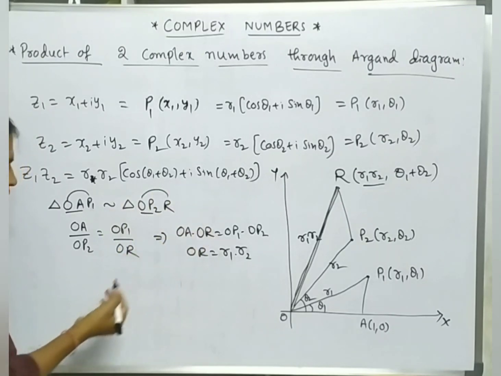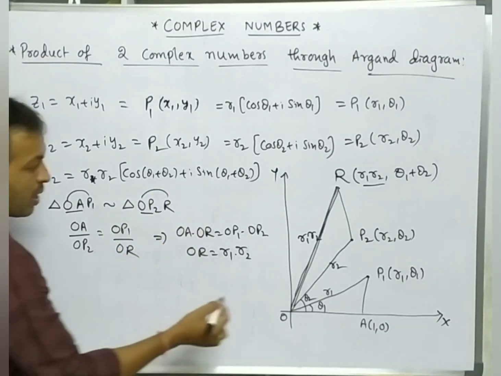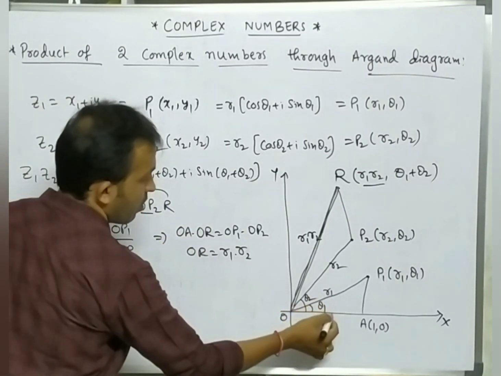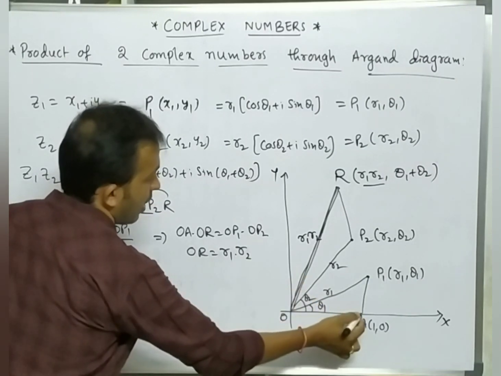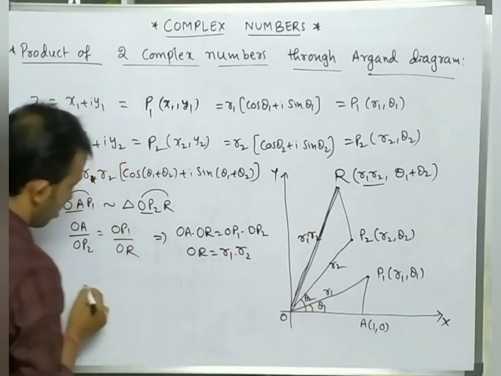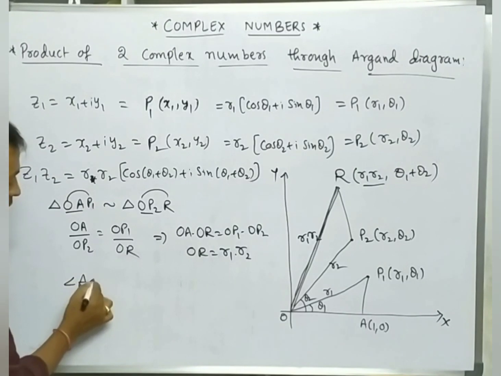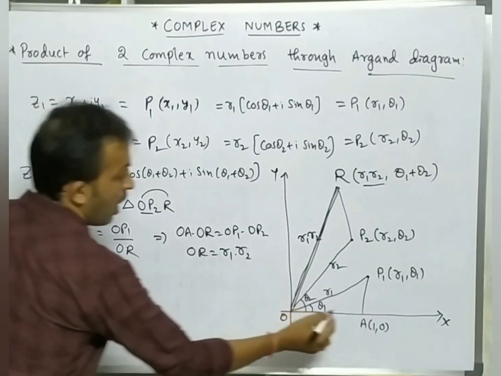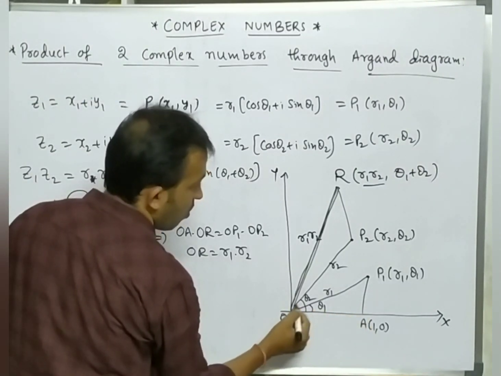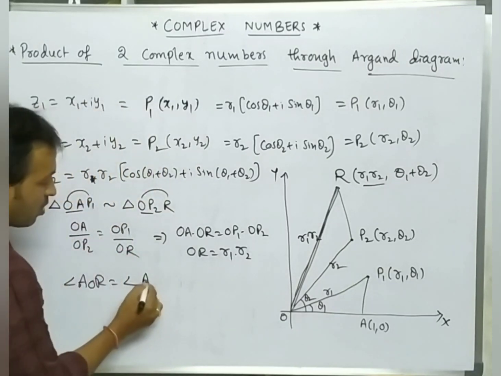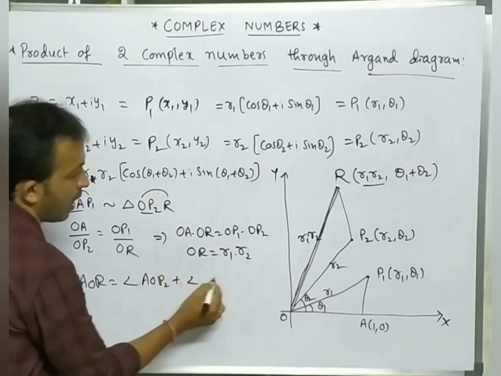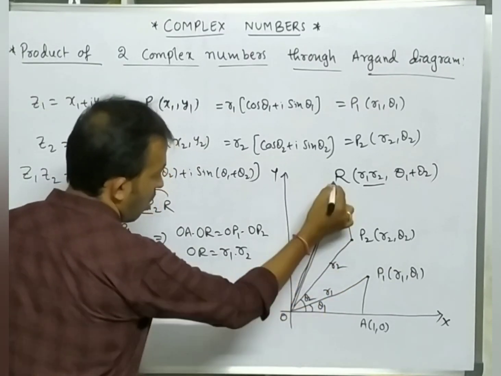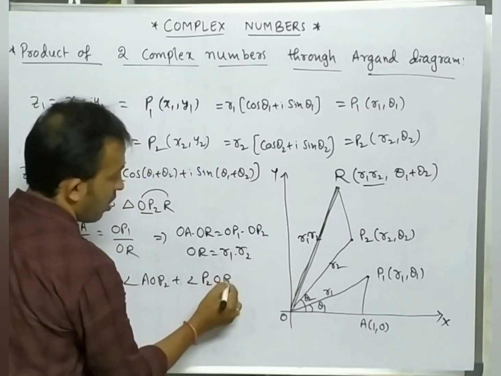Next, theta 1 plus theta 2 represents the angle. Which angle? This total angle, angle AOR. Angle AOR is equal to angle AOP2 plus angle P2OR, right?